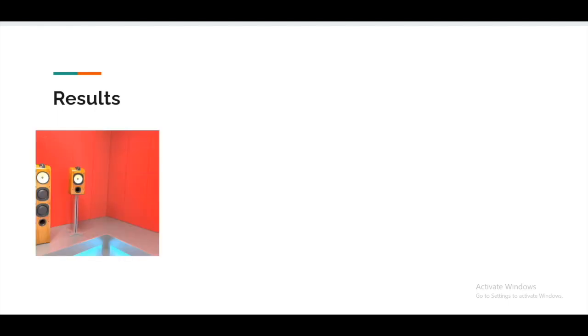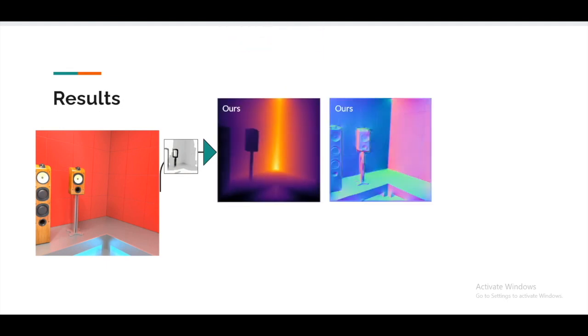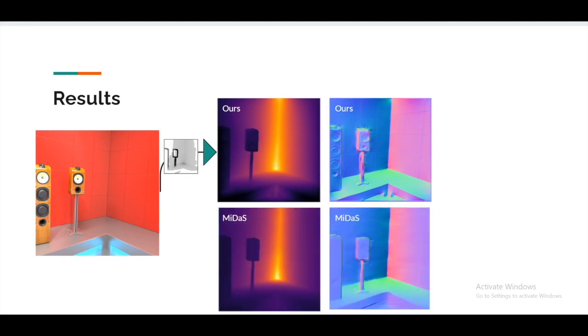Thank you, Mehran, for your amazing explanations. Now we walk through some results. As a first example, we look at this picture including two speakers. If we consider our computed mask, we can get this depth map, resulting in these normals. If we compare our results with MiDaS, we can see that our method is able to preserve more details in the depth map.